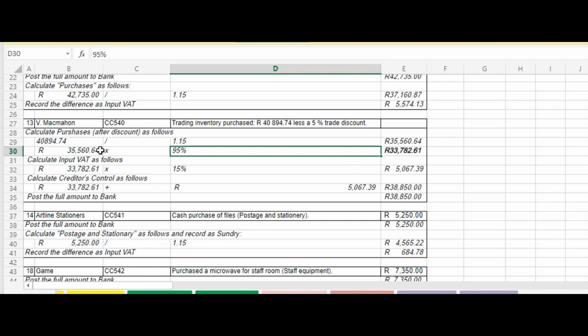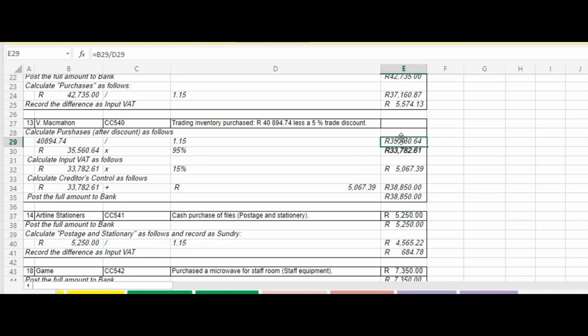So if we take the VAT exclusive amount and multiply by 95%, we get to the amount that we paid for purchases, which was 33,782.61. Okay, so that is purchases. Then we must calculate the VAT input on it as follows. We take the amount for purchases and multiply it by 15% so that we can calculate the VAT amount.